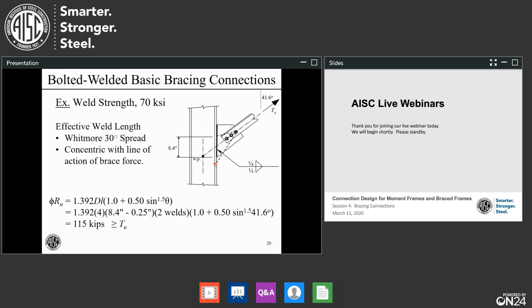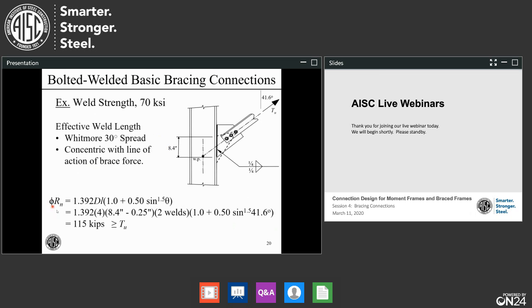And then consider that I will only want to consider the amount of weld that's concentric in here with Tu. And just grab that length and call that the effective weld length, and then ignore the eccentricity. The idea there is you can't make the connection weaker by adding weld up here. Using this approach, in this problem, the length of weld ends up being 8.4 inches.